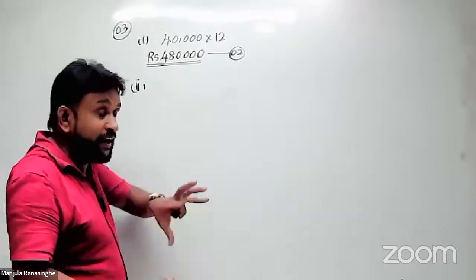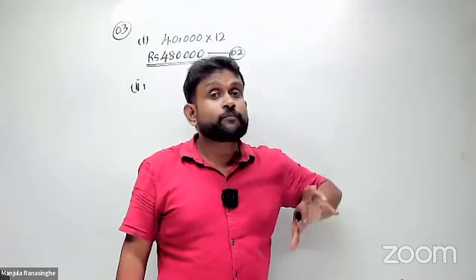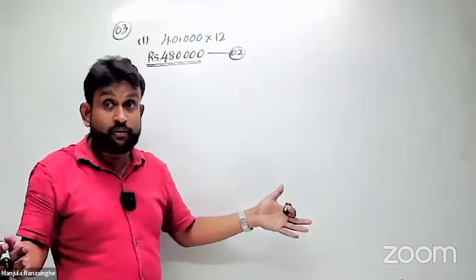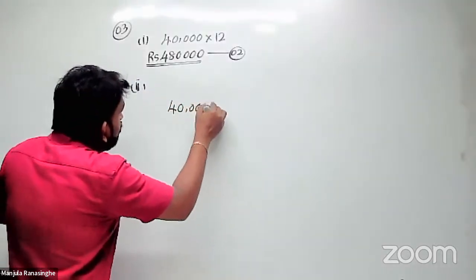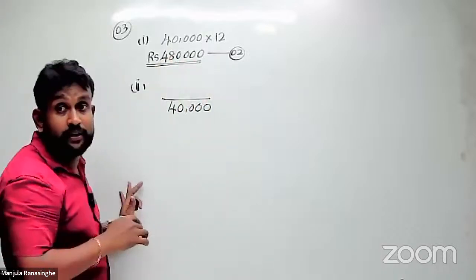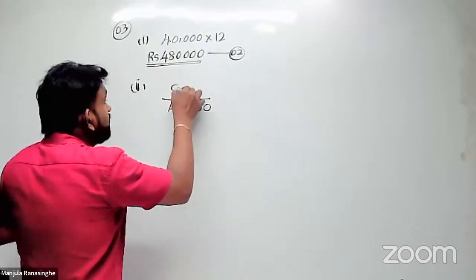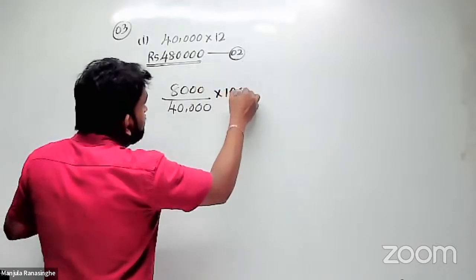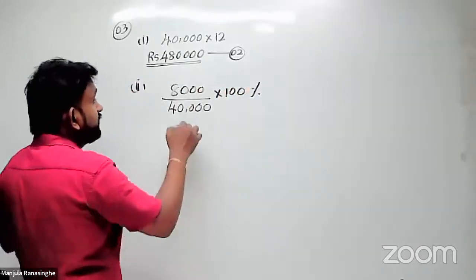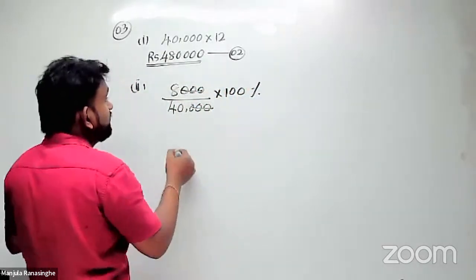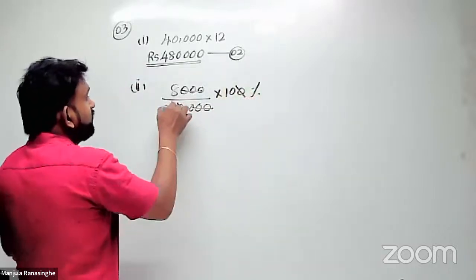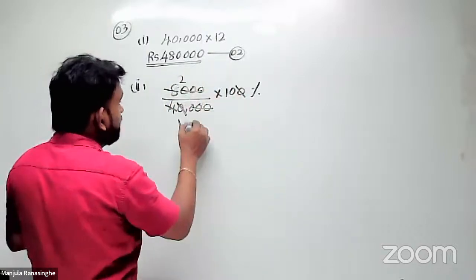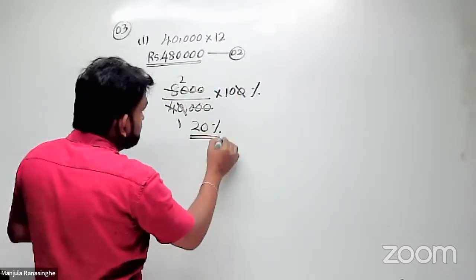From total 40,000 shares, he has how many? 8,000 shares. If that's so, from 100%, how much? Then here 3 zeros cancelled, here 0 cancelled, and 4 into 2, 2 into 10, 20% is the ownership.